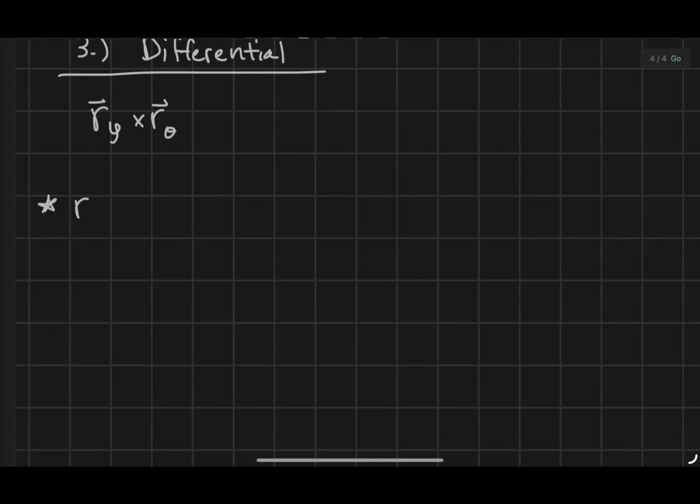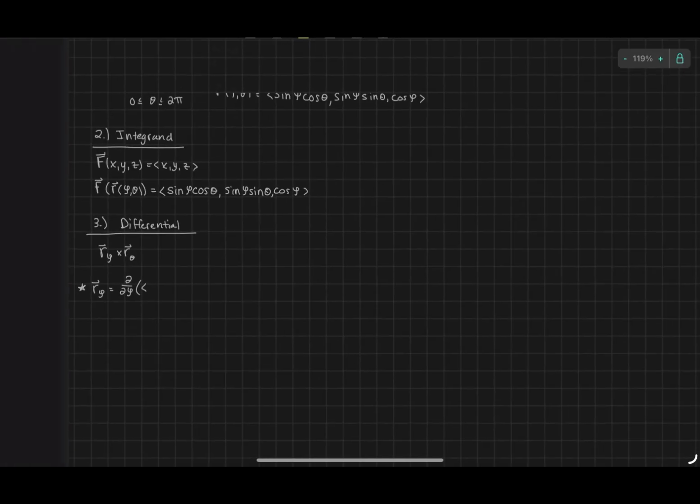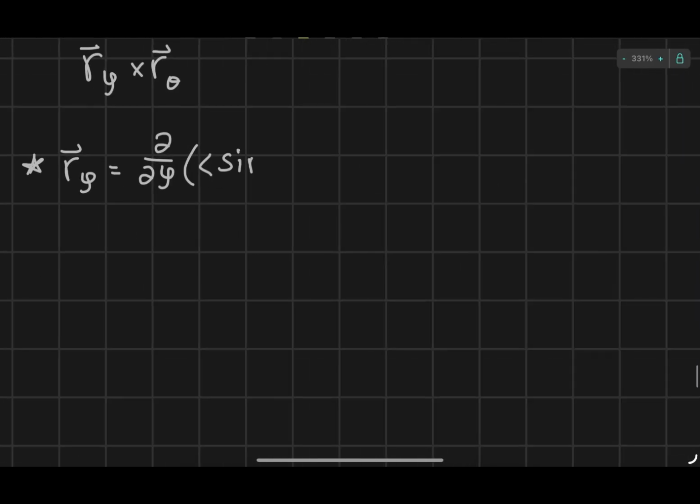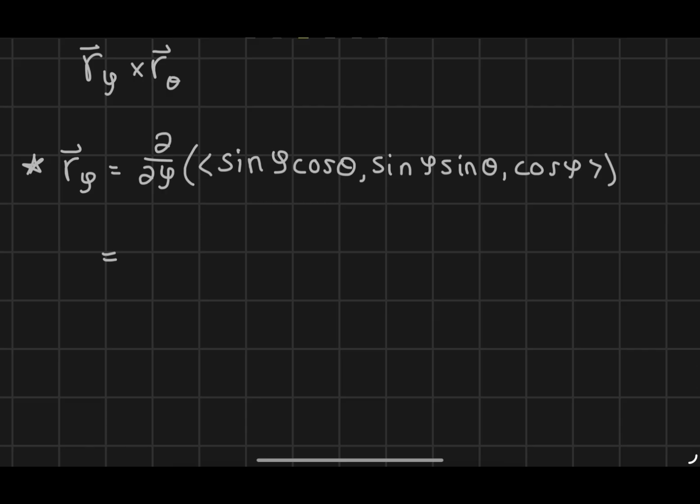Well, our r sub phi is going to equal the partial of our parameterized surface with respect to phi. That is sine phi cosine theta, sine phi sine theta, and cosine phi. The partial of sine phi cosine theta with respect to phi is going to be cosine phi cosine theta.